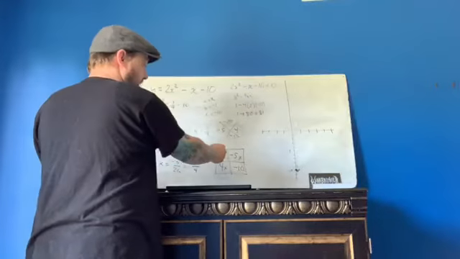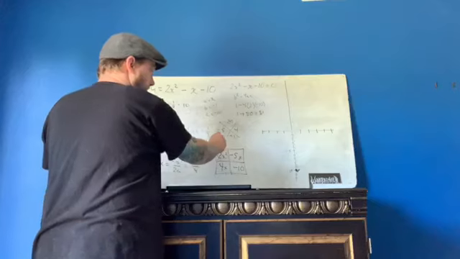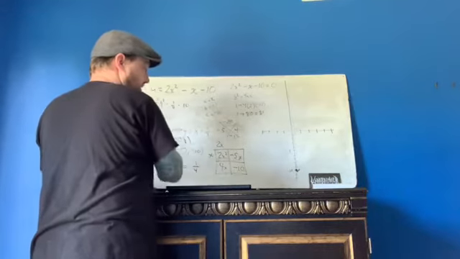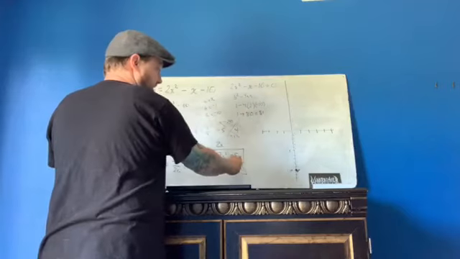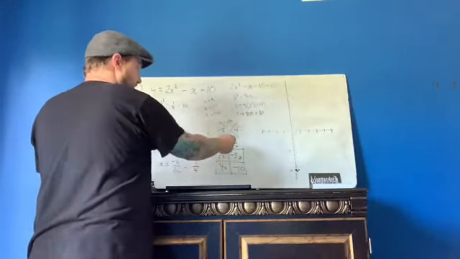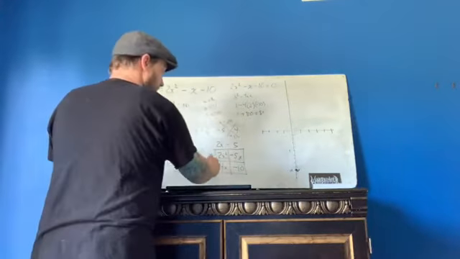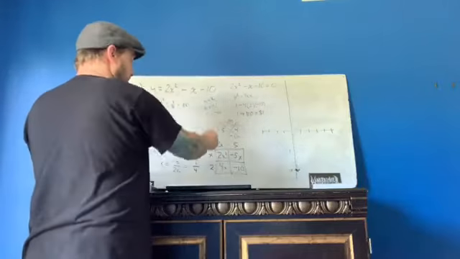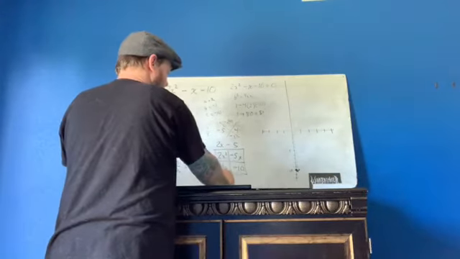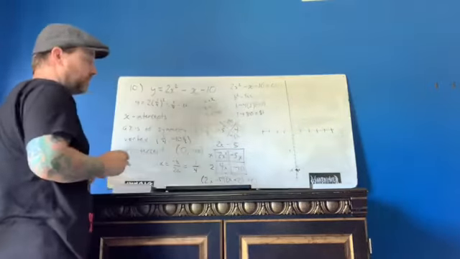What goes in where? What's the GCF? GCF of 2x squared and 4x is 2x. We get 2x squared, we'd be left with x. GCF of negative 5x and negative 10 is negative 5. GCF of 4x and 10 is 2. So I get (2x minus 5)(x plus 2) equals 0.